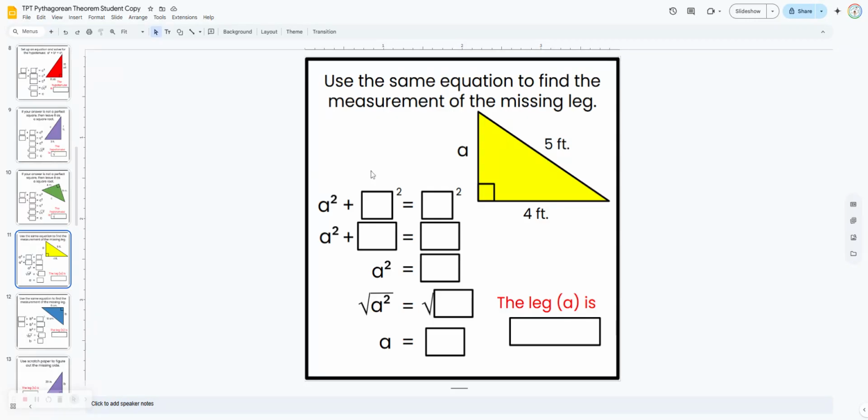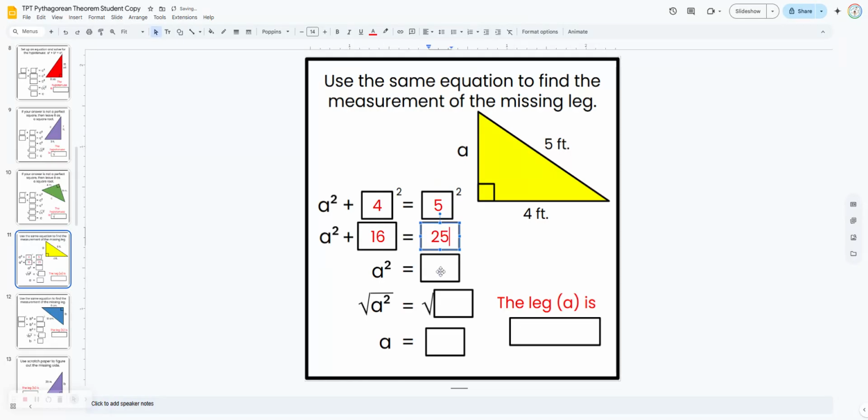Slide 11, now they're going to be solving for one of the other sides. So here we know the hypotenuse, we know one of the legs, we're going to solve for the other leg. So we have a squared plus 4 squared equals the hypotenuse, which is 5 squared. So a squared plus 16 equals 25.